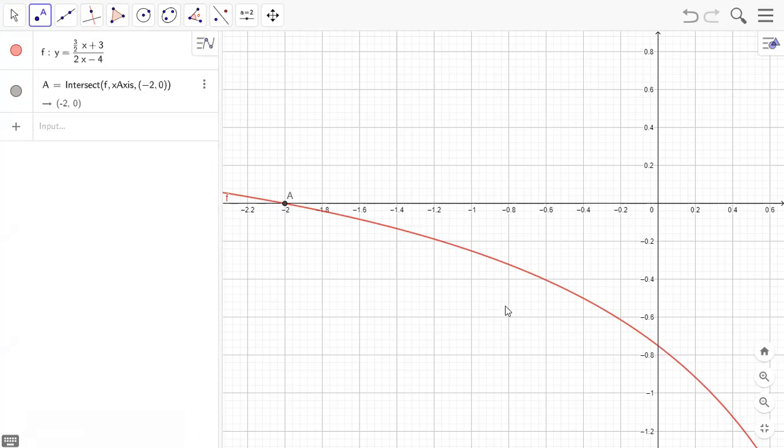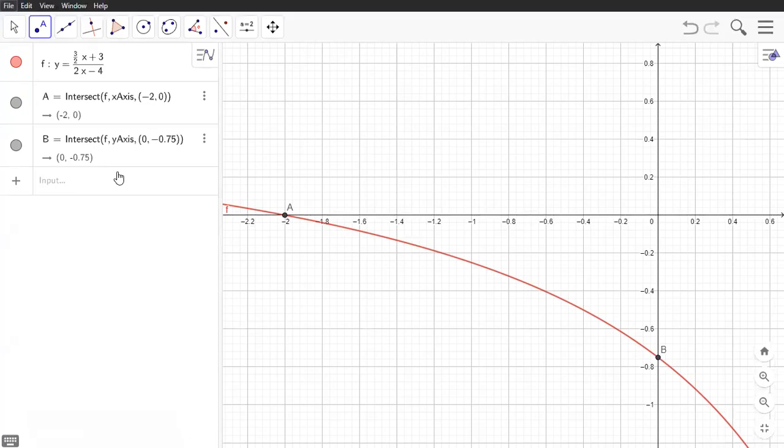Ngayon class, for our y-intercept naman, ayan dito banda. -3/4 naman, or basically that's negative 0.75 kapag in decimal. So intersect at x-axis, siya ay x-intercept.